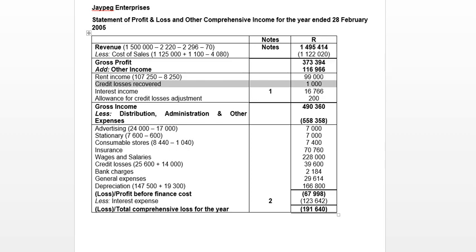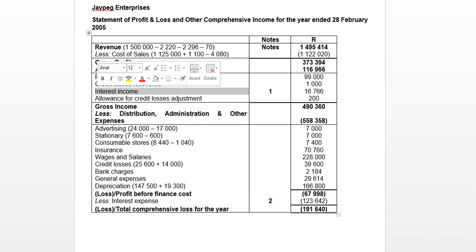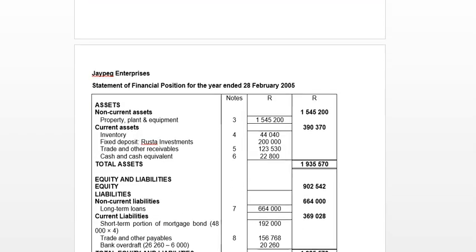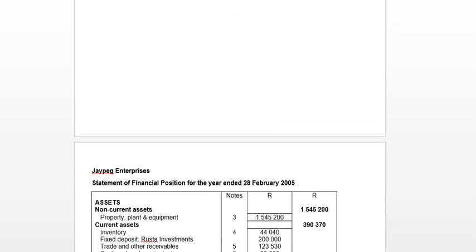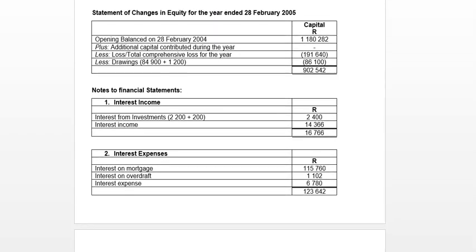Next, we had our credit losses recovered, and that was just 1,000 Rand, which we recovered during the current financial year. Then our interest income. For interest income, we're going to have a look at note number 1. In our note number 1, we had our interest from investments of 2,200 Rand, so that's your fixed deposit, and you had an interest income of 14,366.